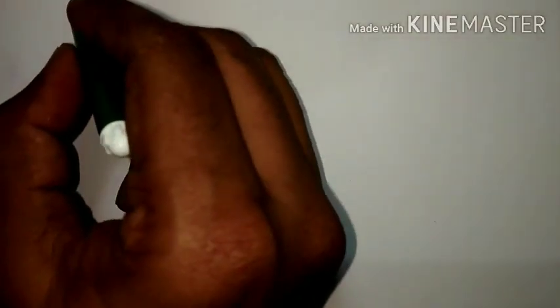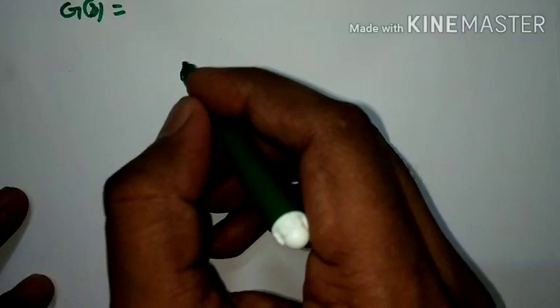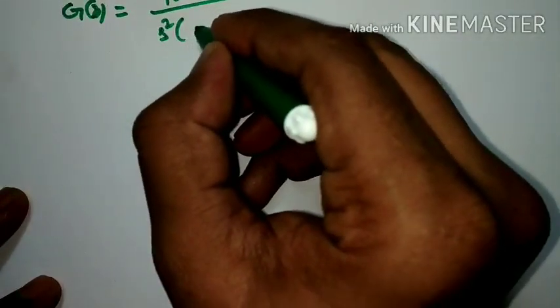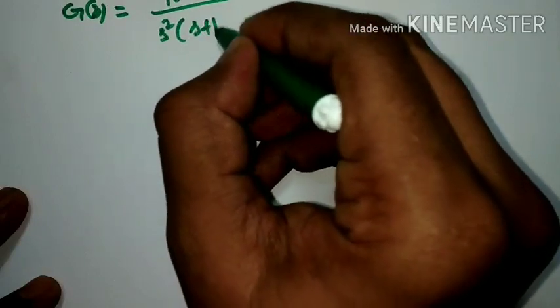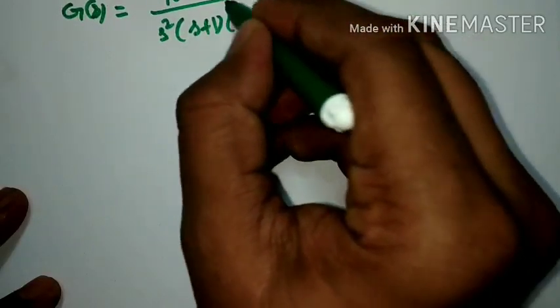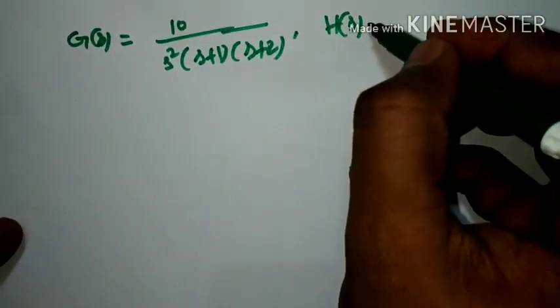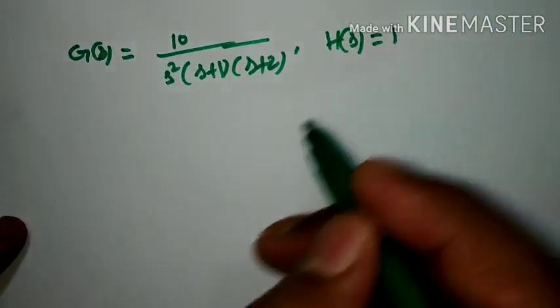You know that G(s) is equal to 10 by (s square plus s plus 1) into (s plus 2), and H(s) is equal to 1.